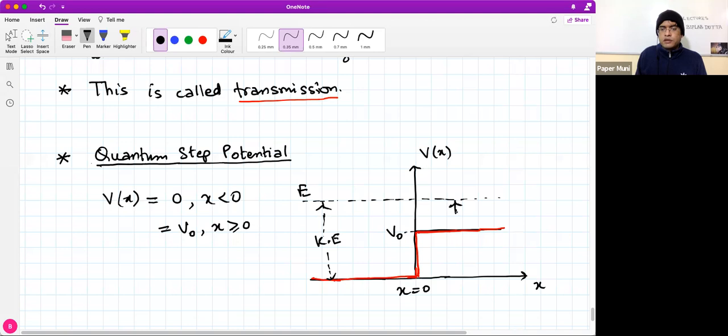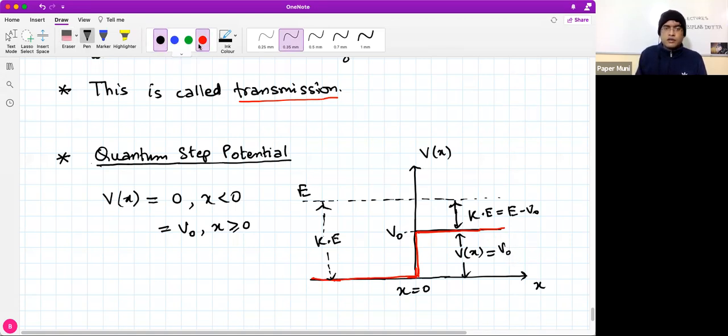The particle will always reach here, there is no problem about it. So this is E minus V naught, and V(x) is equal to V naught in this case. This situation looks exactly similar to the classical thing.